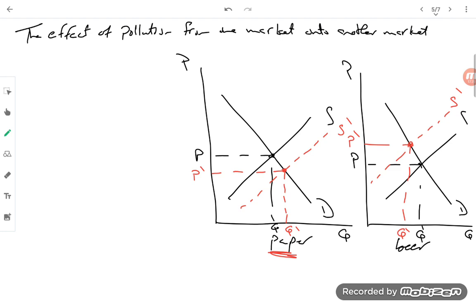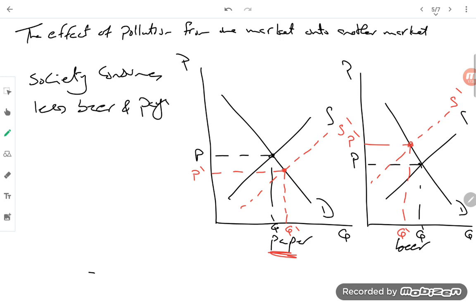So due to pollution caused by the paper industry, the society consumes less beer and pays a higher price. So in this case, there is under allocation of resources. What is meant by under allocation of resources?